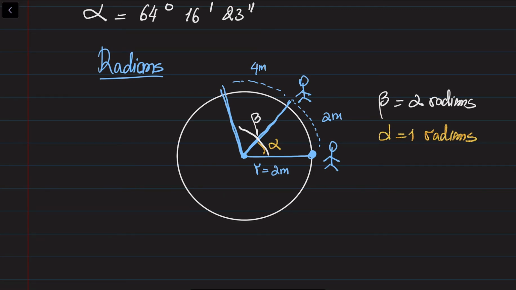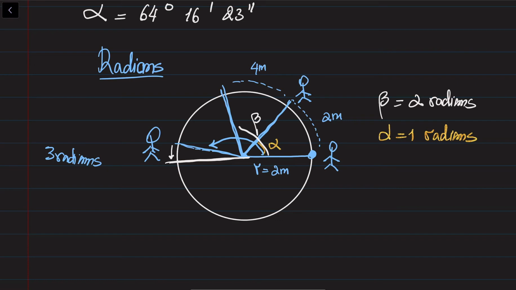If I walk 6 meters to here, I would find myself somewhere here, and this angle is going to be equal to 3 radians. If you remember, half of 360 degrees was measured as 180 degrees, and I need a little bit more distance to get there.